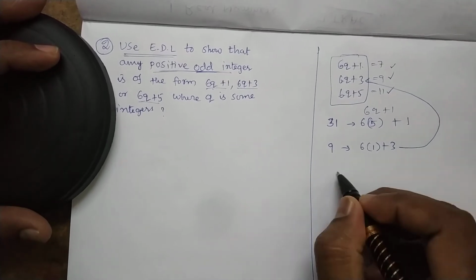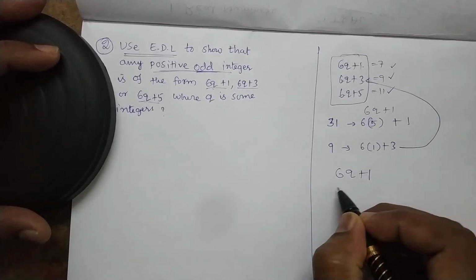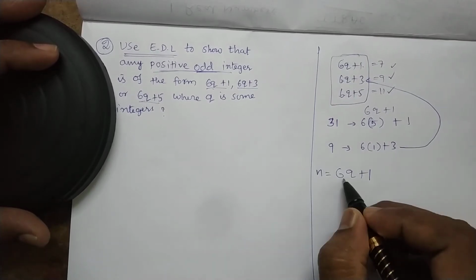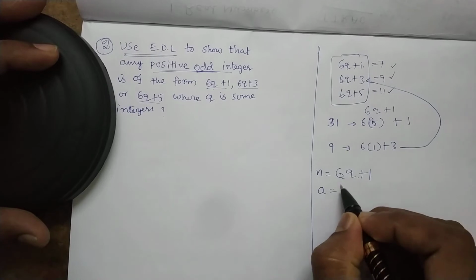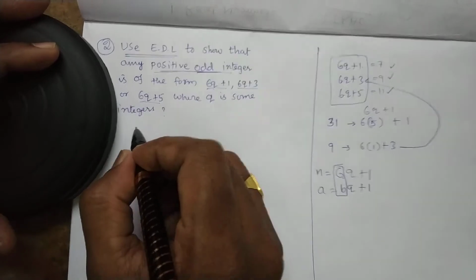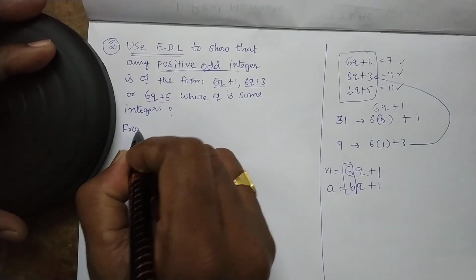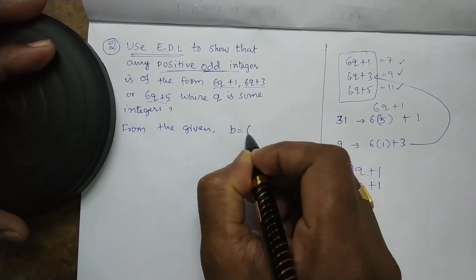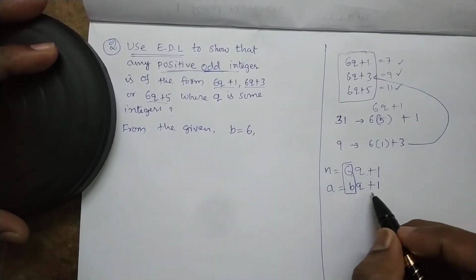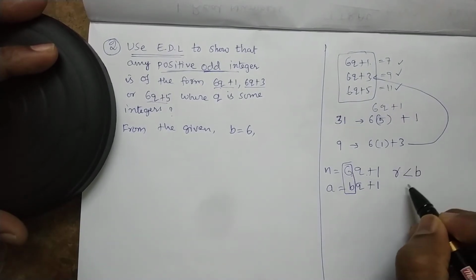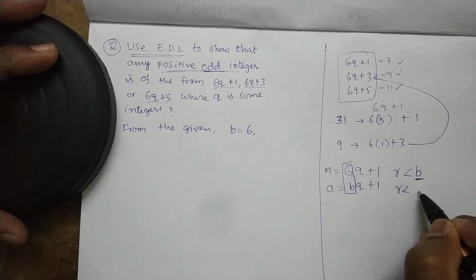Now let us compare the given question with Euclid's division lemma. Any number can be written as 6q plus 1. Now a is equal to bq plus r. From the given, b is equal to 6. As you know, the condition in Euclid's division lemma is that r should be less than the divisor b.